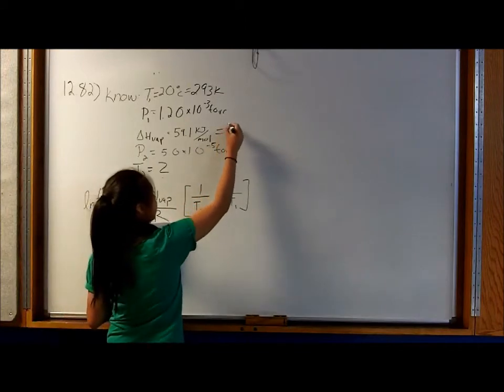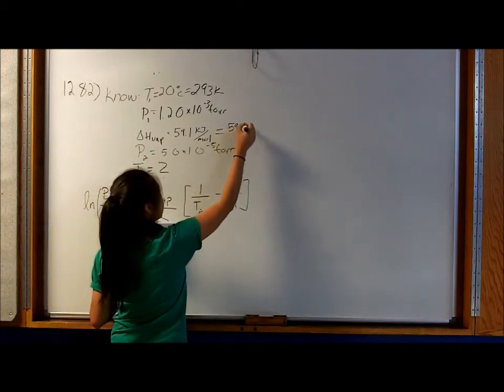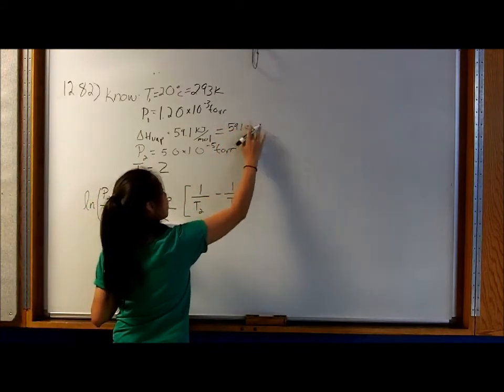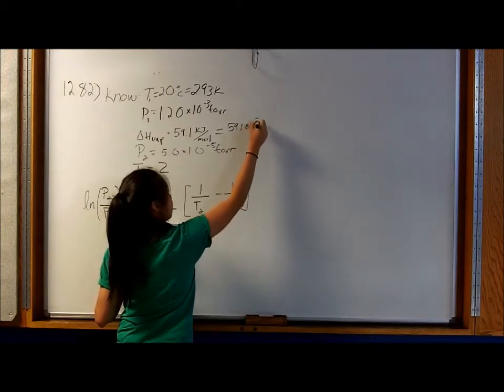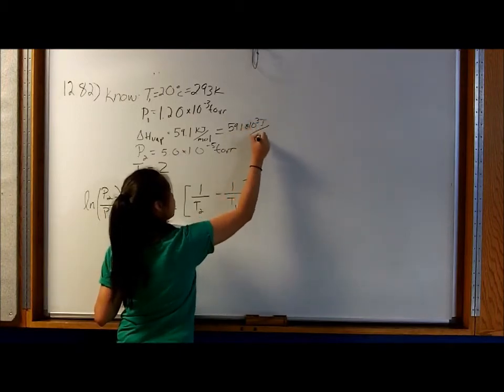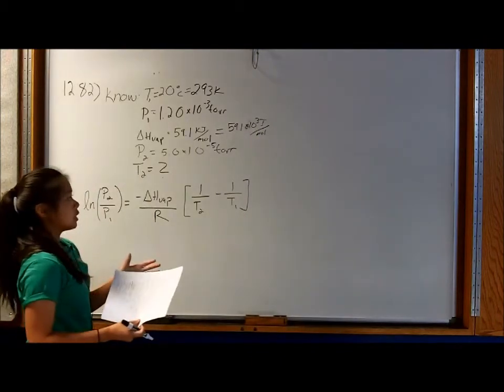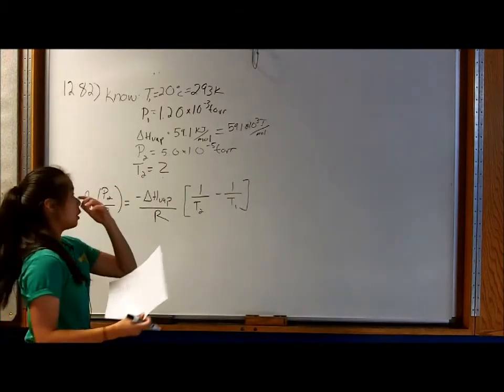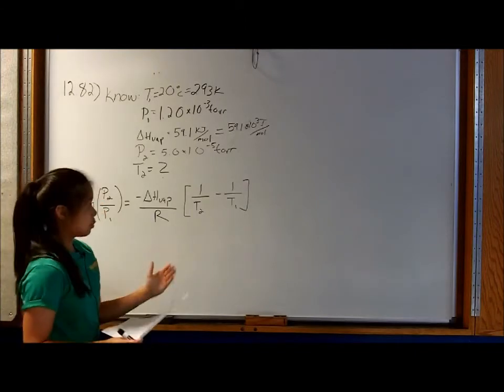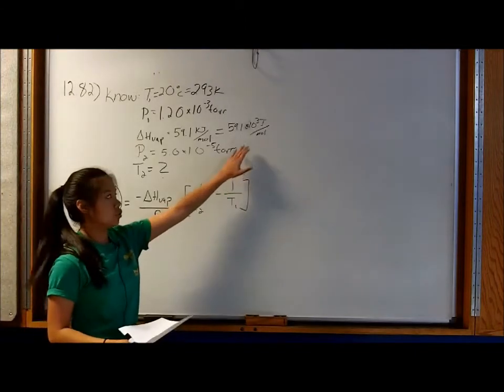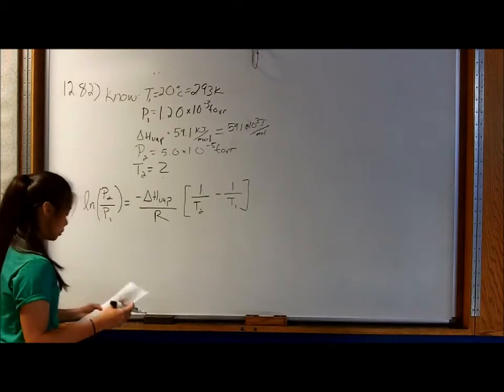So it's going to be 59.1 multiplied by 10 to the third joules per mole. And you'll see why I converted it over. And a good standard to know when you work with this equation is that you should always convert everything to joules because your R value will be in joules.